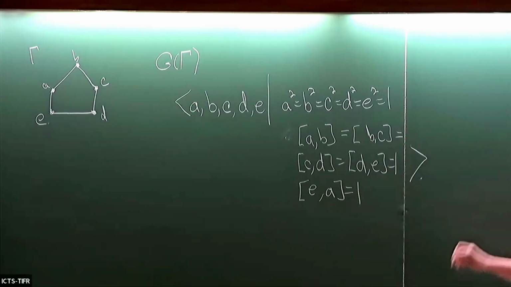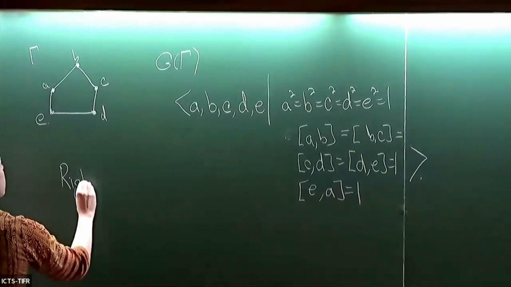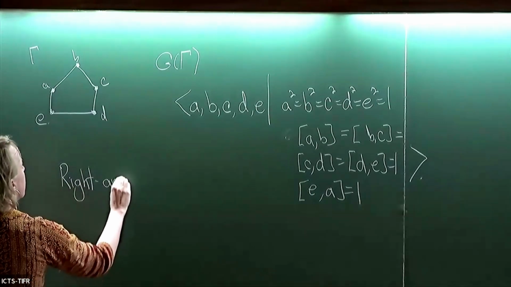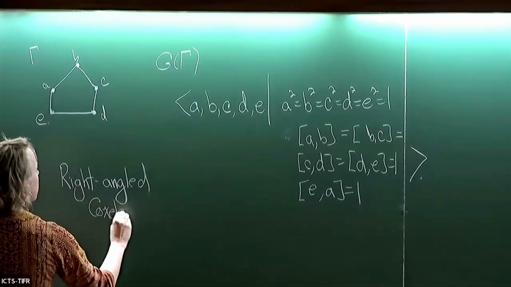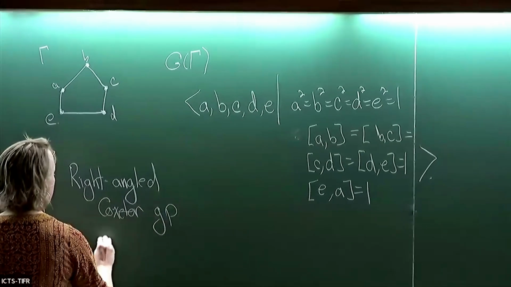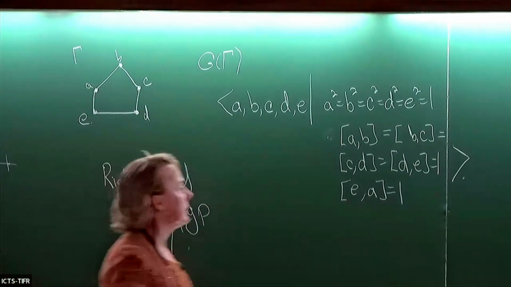So this is in general the right-angled Coxeter group on my graph gamma.